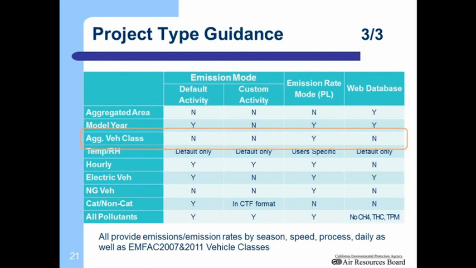But since users doing project level analysis don't necessarily have the detail by all the vehicle classes, we offer options in the emission rate modes that, for example, have trucks versus non-trucks, so a little bit different aggregation level for the vehicle classes.